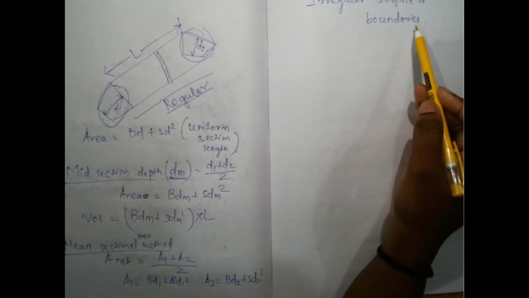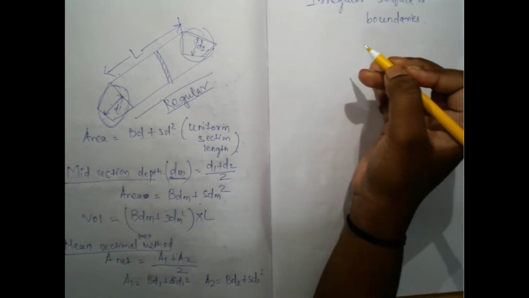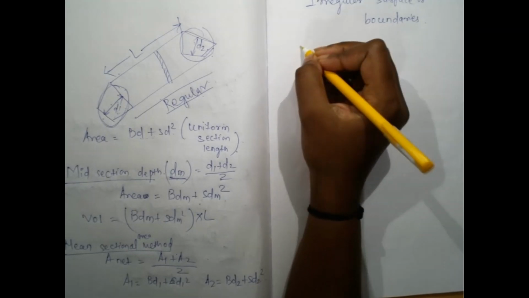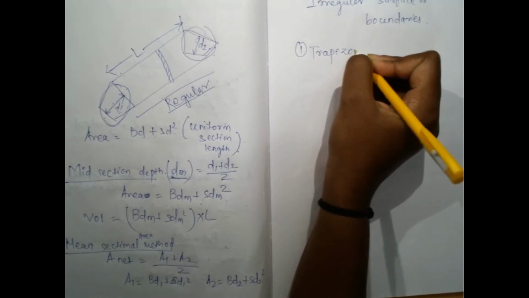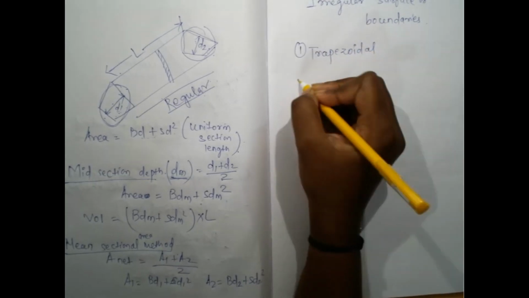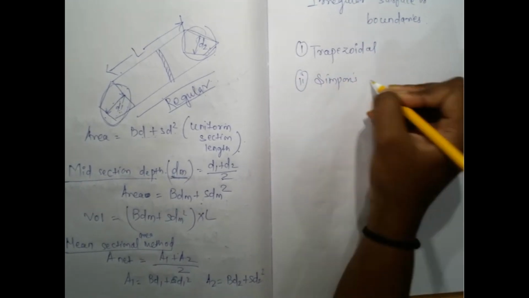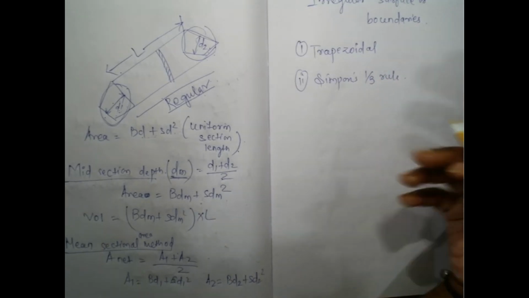When we get an irregular surface or boundaries, how are we going to estimate it? To estimate the earthwork, we have two formulas: one is the trapezoidal formula and another one is the Simpson 1/3 rule formula.